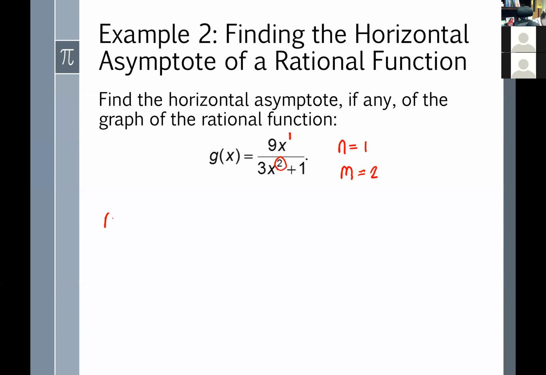And the numerator's degree is less than the denominator's degree. 1 is a smaller number than 2. So if the numerator's degree is smaller than the denominator's degree, the x-axis is a horizontal asymptote. So y equals 0 is my horizontal asymptote.